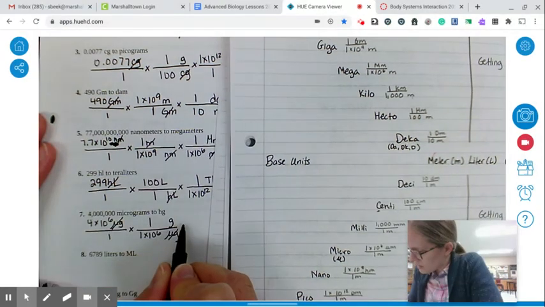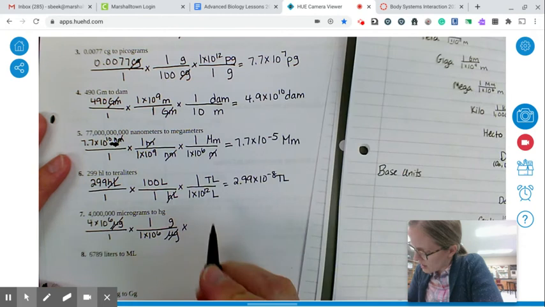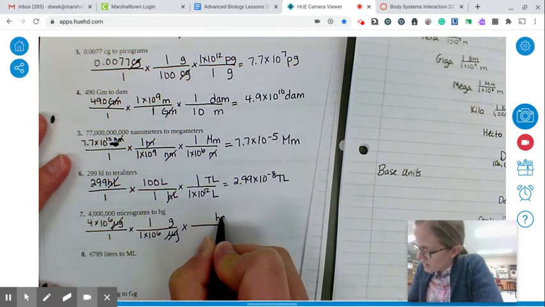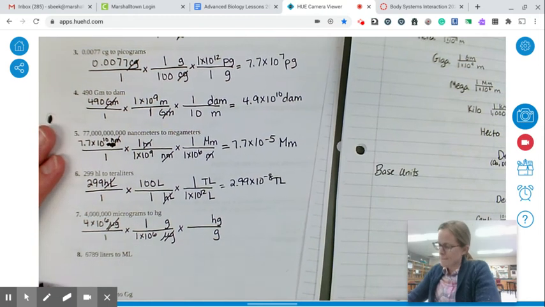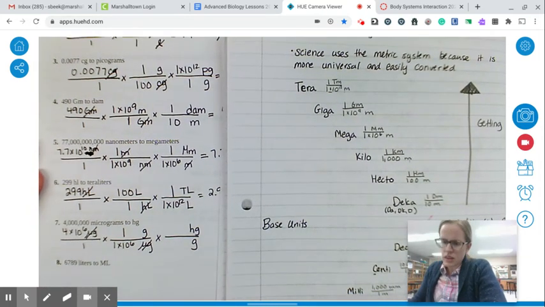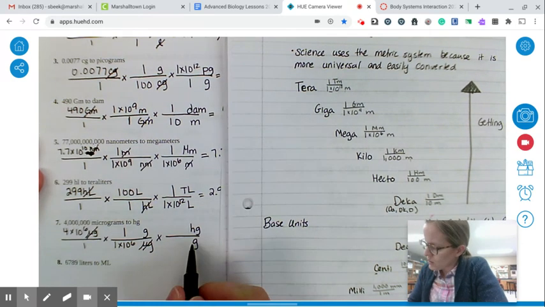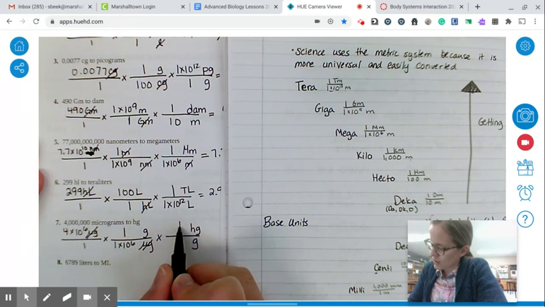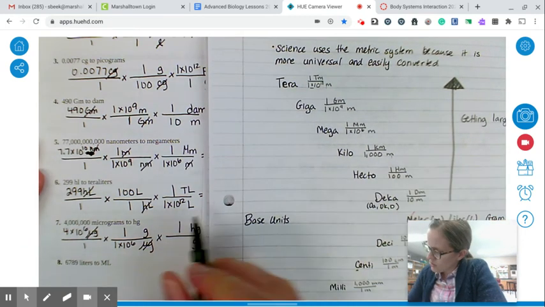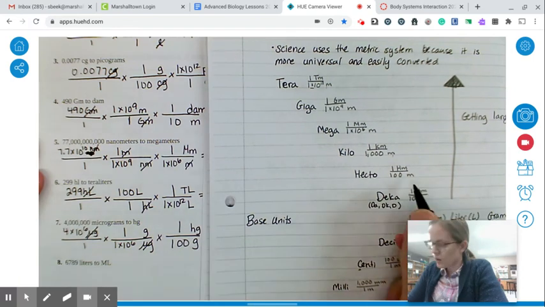Micros cancel, and then they want hectograms, so I'll put my grams on the bottom and hectograms on top, and then I'll look at my chart. Another way to think about this is that the bigger unit is always 1. So hectograms are bigger than grams, so hectograms has to be 1, and then the other one is 100, or you just look it up on your chart.